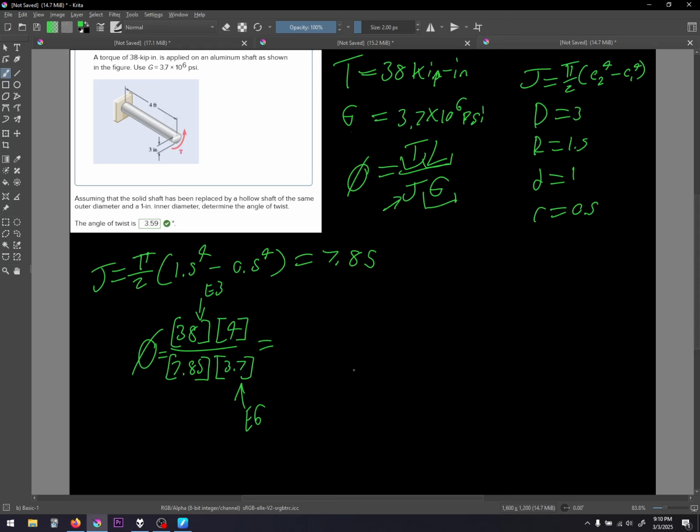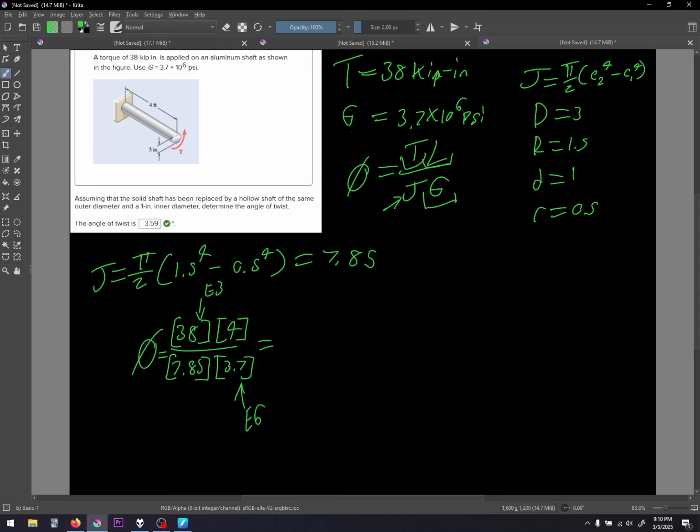So our angle is, mine's not quite right. This is in feet.